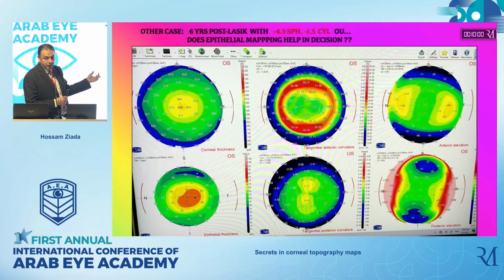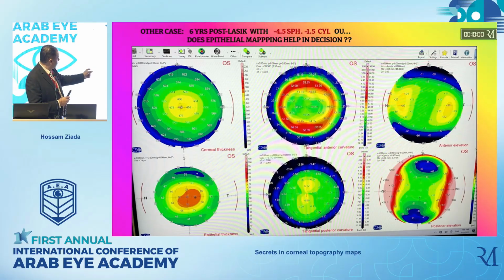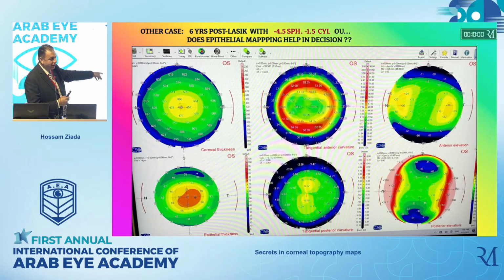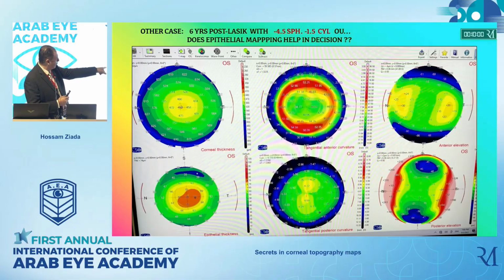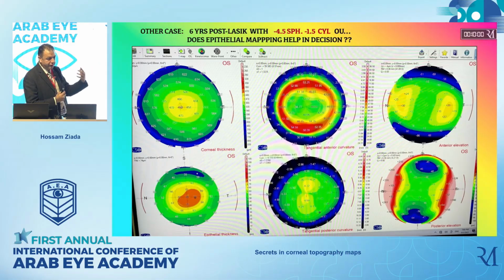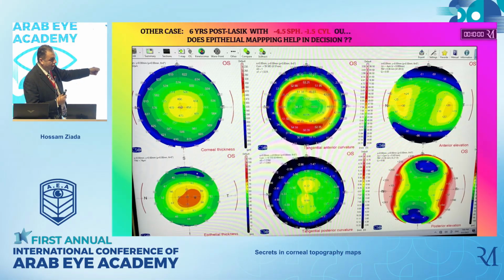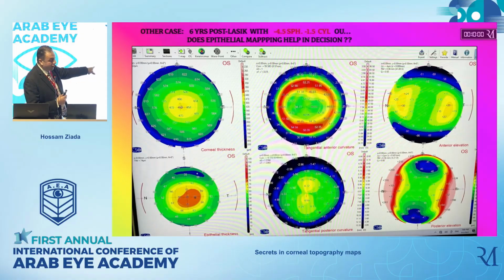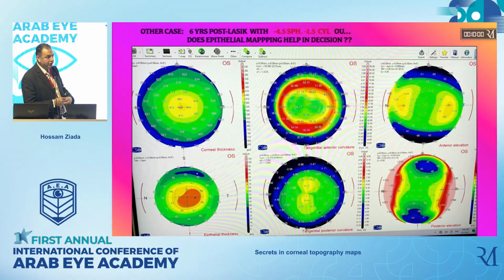And when I examined her with the MS39, I found this red elevation in the epithelial thickness map. But the posterior maps were all normal, but because of this obvious and very significant hyperplasia, I think it's around 80 micrometers, the epithelial thickness in the center.